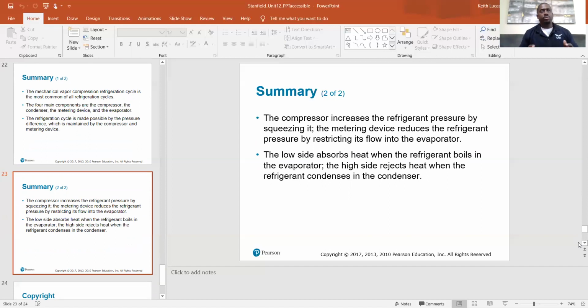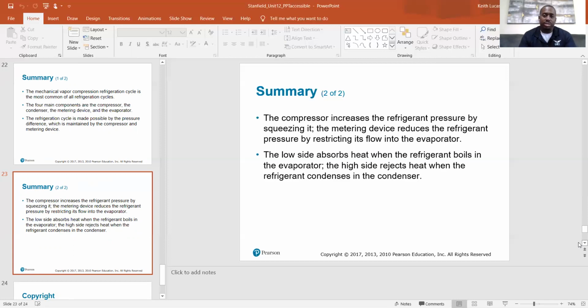So real quick too, just another little piece that I might have left out. The reason why we want 100% vapor going to the condenser is because the substance releases more heat at a higher rate when it's condensing to a liquid from a vapor. And then the opposite is true at the evaporator coil.